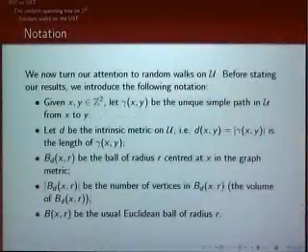In other words, the distance between x and y is the length of the unique path between them. BD(x,r) is the ball of radius r in that metric. Its cardinality, which I'll call the volume of BD(x,r), is just the number of points in that ball. And if I don't have a subscript, B(x,r) is just the usual Euclidean ball.